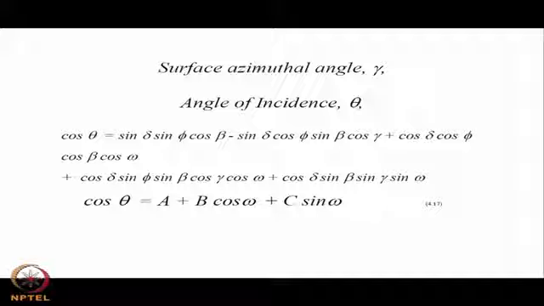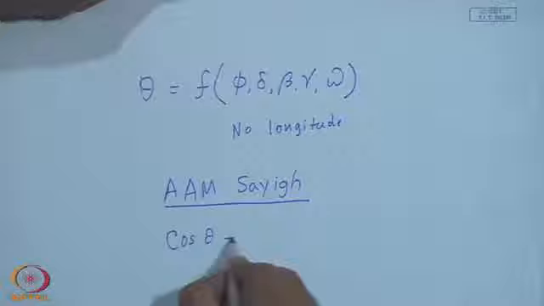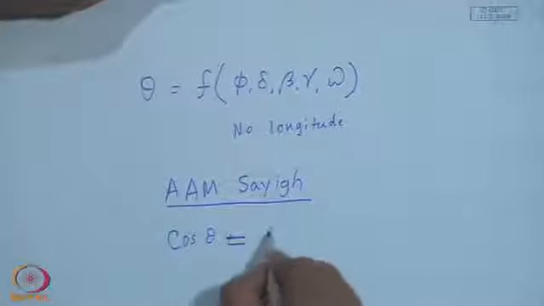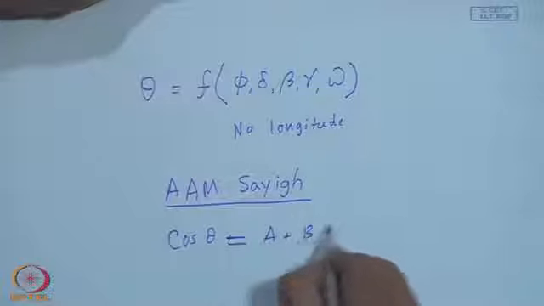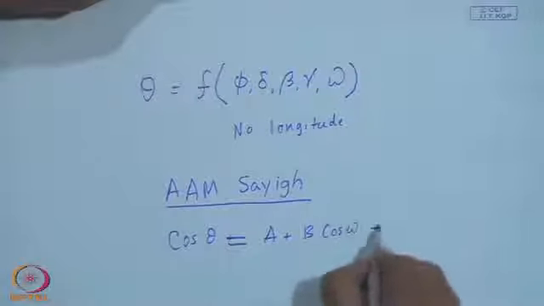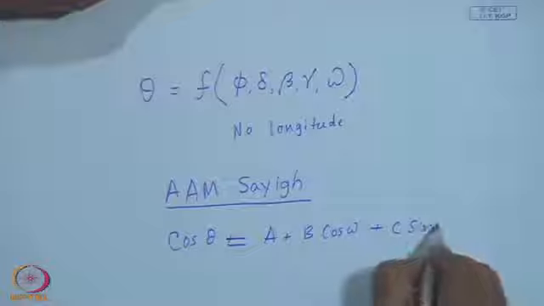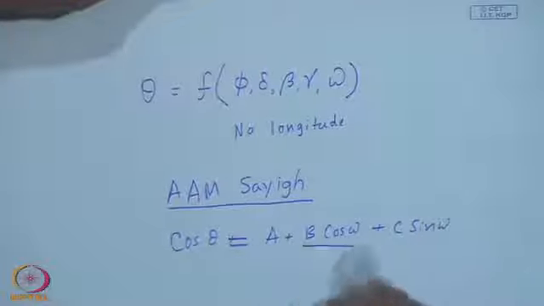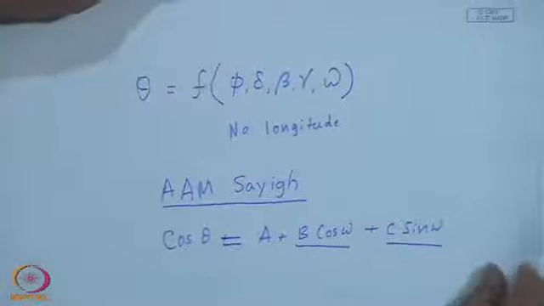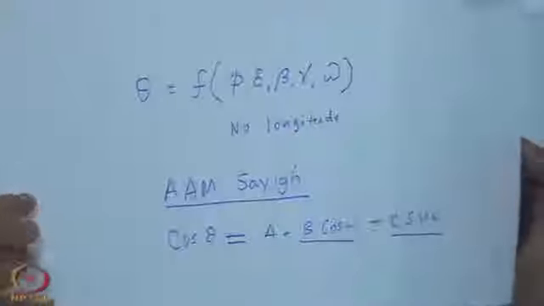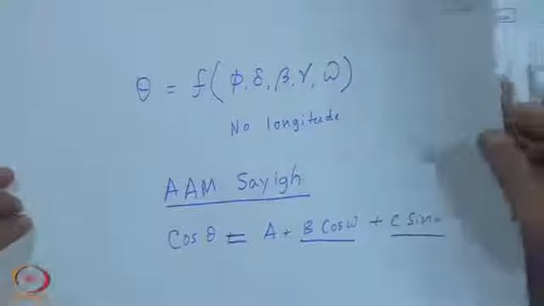Then I thought I shall give up and take the relation as is, and this is quite conveniently written as cos theta equal to a plus b cos omega plus c sin omega. In other words, there is a symmetric component and an antisymmetric component, which basically will make the distinction whether gamma is positive or gamma is negative.